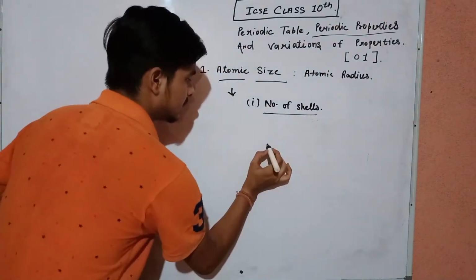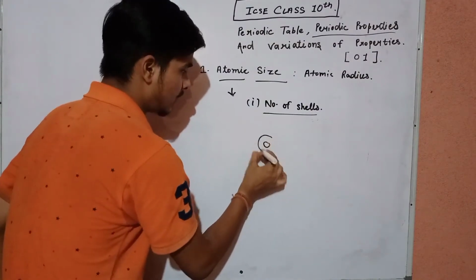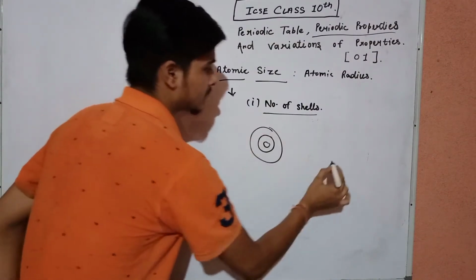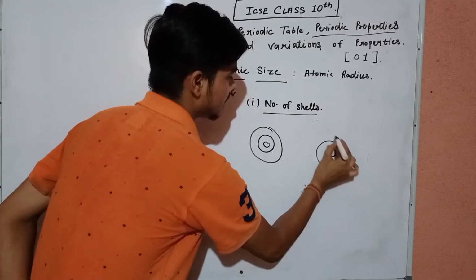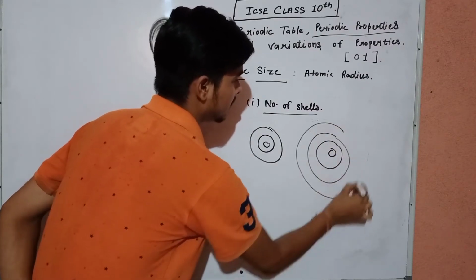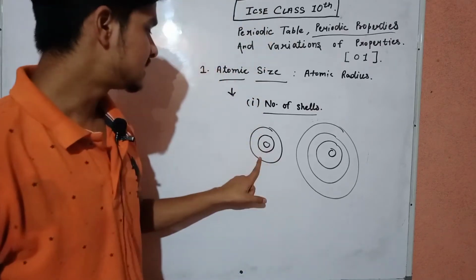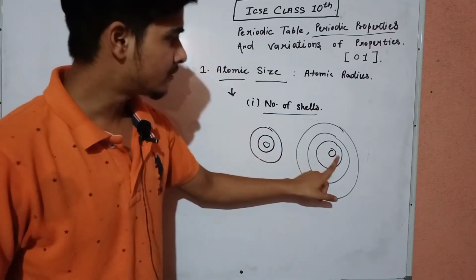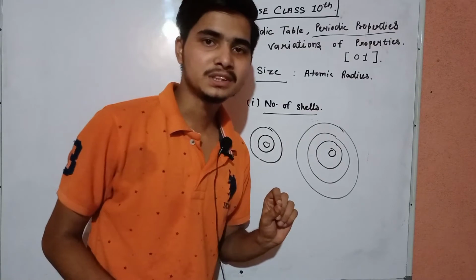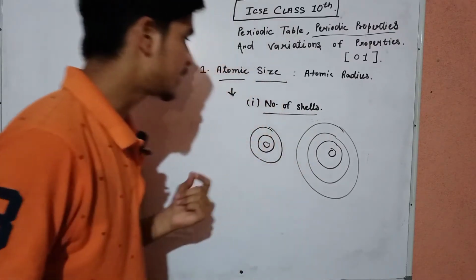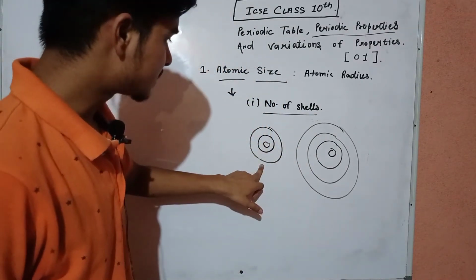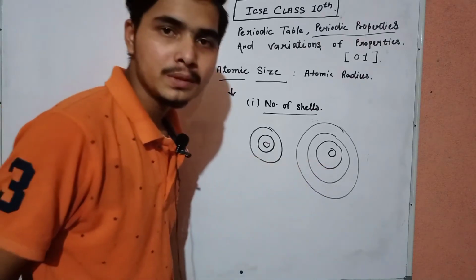Tell me, there is an atom which has 2 shells, and there is another atom which has 3 shells: 1, 2 and 3. Now answer me, which one has the greater atomic size?